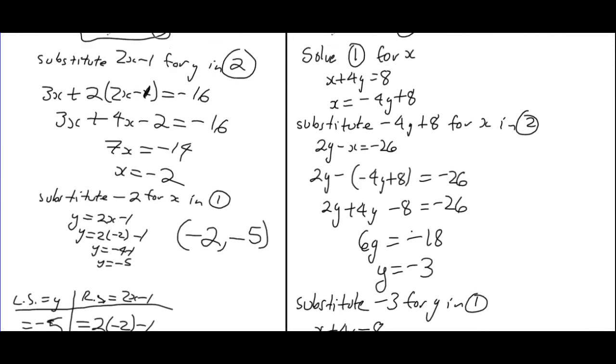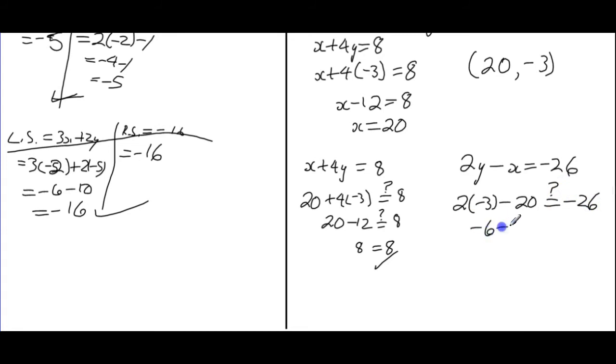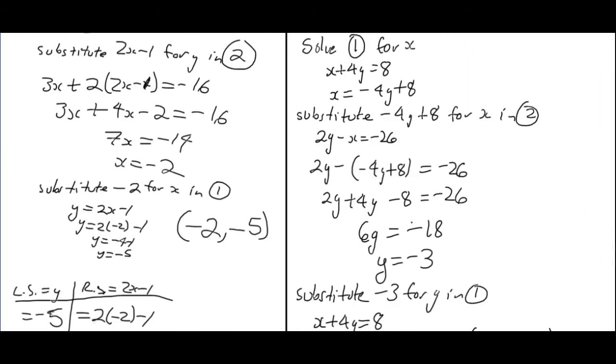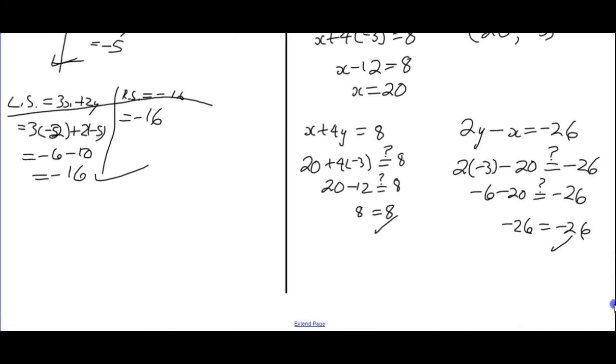And equation 2 was 2y minus x equals negative 26. 2 times negative 3 minus 20 equals, with a question mark, negative 26. Negative 6 minus 20 equals, we don't want to put an equal sign here because we'd be saying it's equal, we're not sure until now. So now we know that 20, negative 3, that point satisfies, right, makes true both of these equations, and so is a solution to the system.